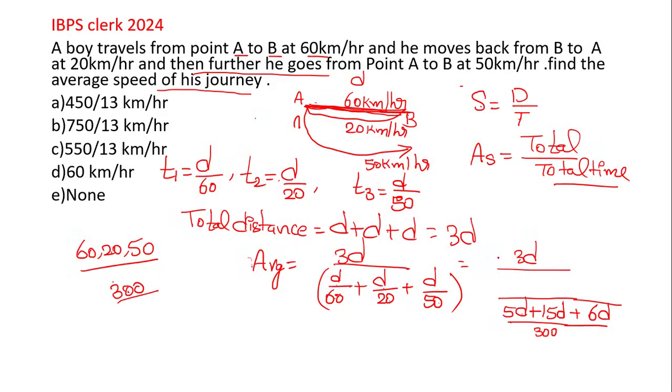And above we have 3d. The 300 goes up, so it becomes 900d by 5 plus 15 plus 6, which is 26d. The d cancels, and 900 by 26 becomes 450 by 13. Is there any option? Yes, we have it as the first option. So this is the first method.